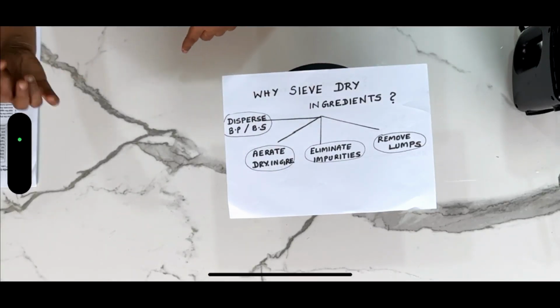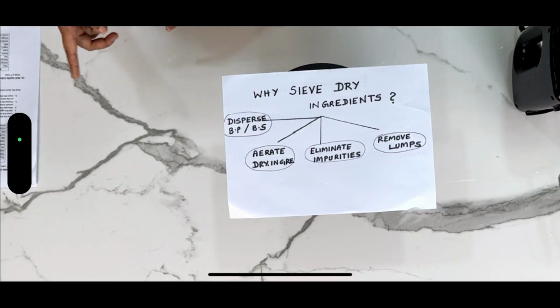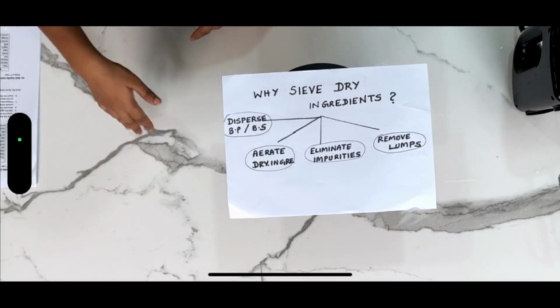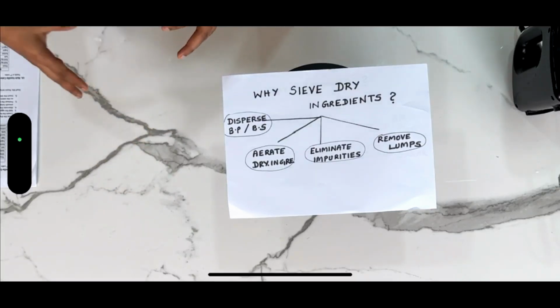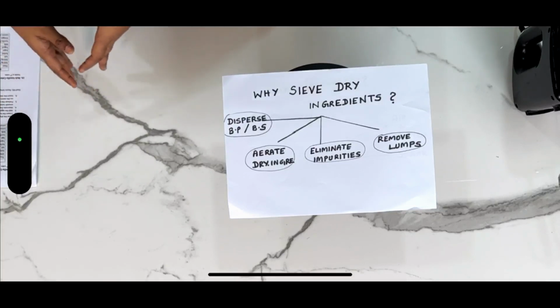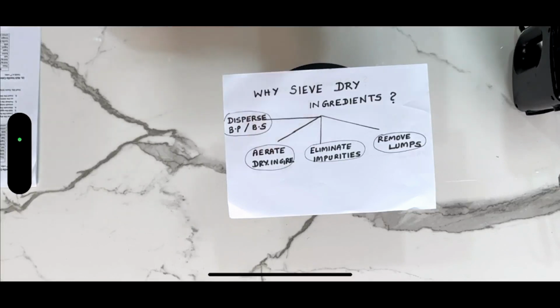Just like how you aerate your butter, you need to aerate your dry ingredients also. And when you beat the eggs, you aerate the eggs also. So every step of your cake making involves aerating ingredients. All these accumulations of air bubbles will definitely make a difference in your final product. So aerating your dry ingredients is your second reason.